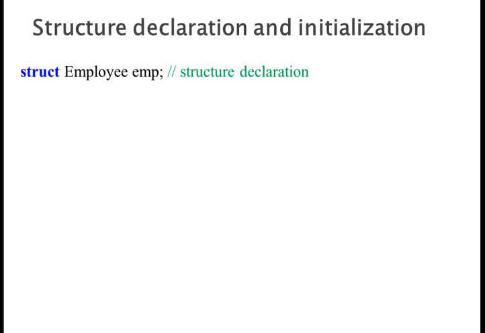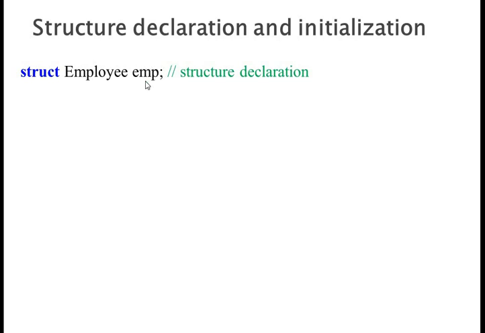So, struct employee EMP. Over here you are declaring the structure, just like a structure is kind of a non-primitive data type. Okay, you can see over here I have declared this variable EMP.